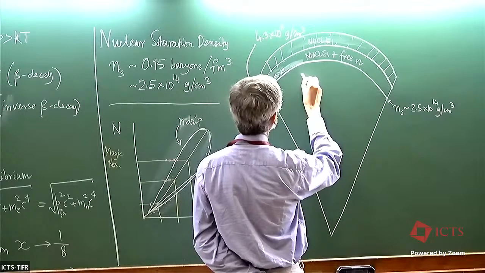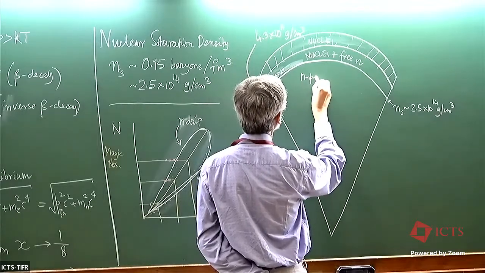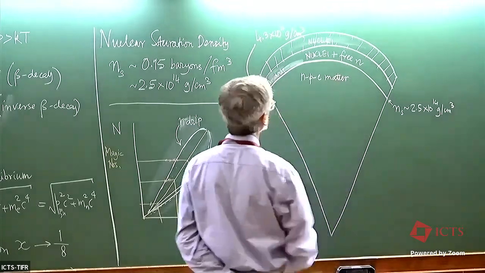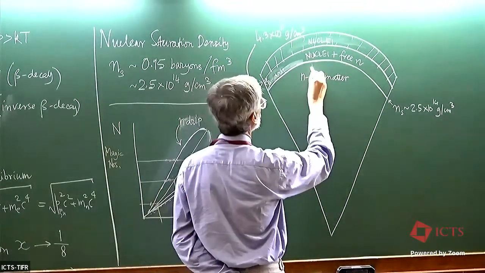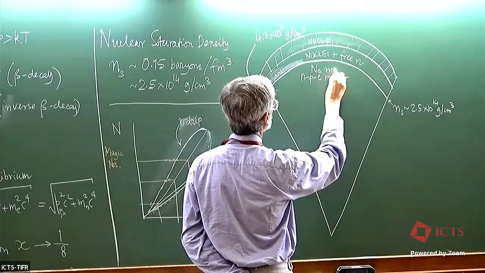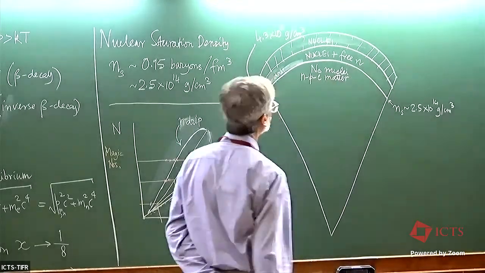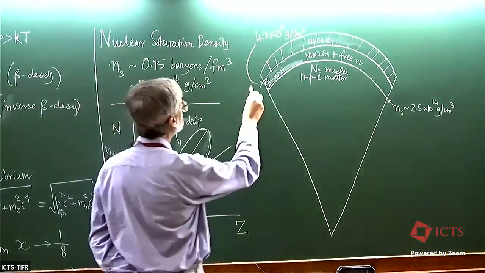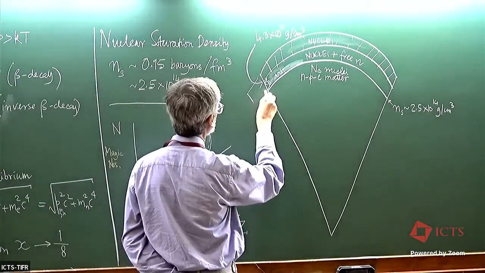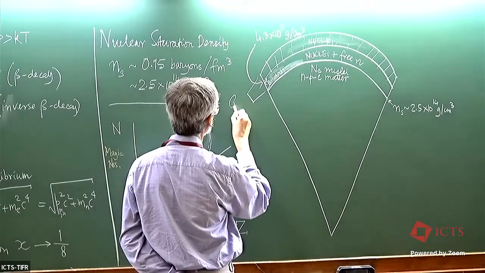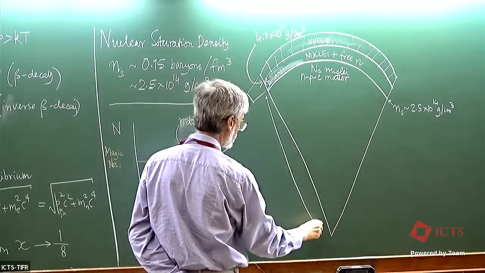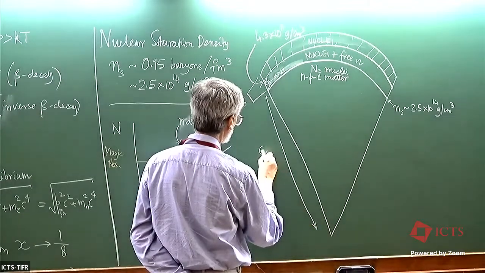So here, no nuclei. In the neutron star literature, this region is called the crust, and this is the core.